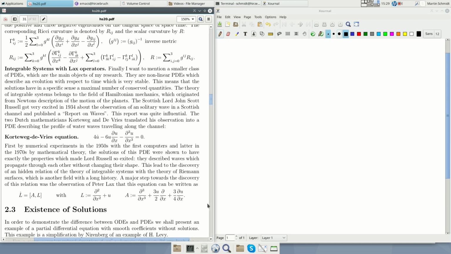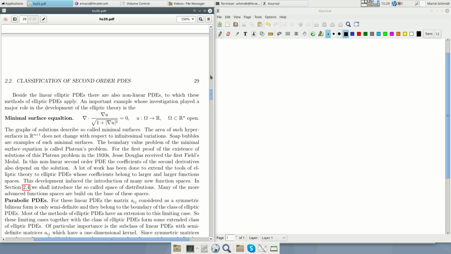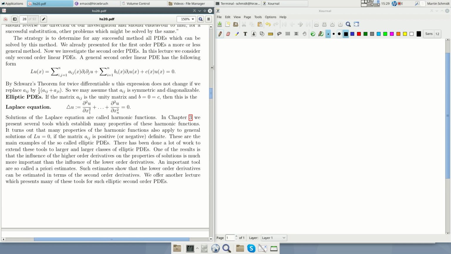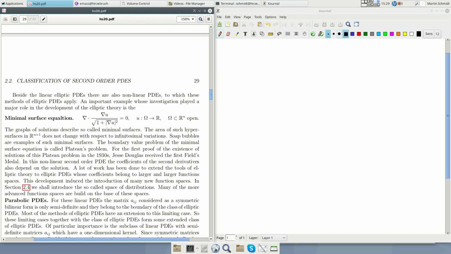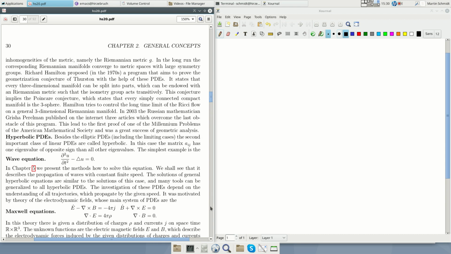Okay, this is the section 2.2. Now let's recall what we have done today. We first introduced the linear second order PDEs, then we introduced the Laplace equation, we introduced the elliptic class, and then on the boundary of the elliptic class we introduced the parabolic equation with the main example of the heat equation, and then we finally introduced another independent class, the hyperbolic PDEs, with the example of the wave equation.